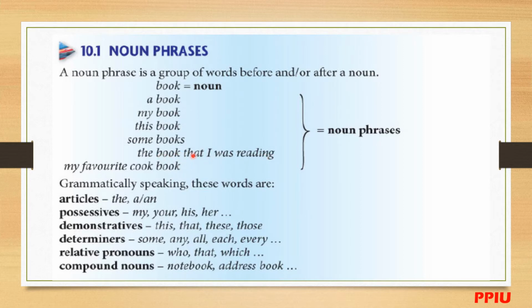Get it? Okay, so this one is just about adjective clause. You can see the book that I was reading. So all of these things that we call noun phrases in here. A book, my book, this book, some books, the books that I was reading. And my favorite book, my favorite cookbook.